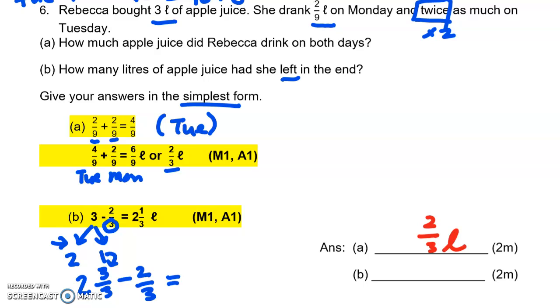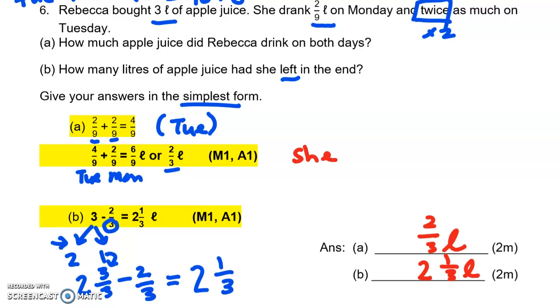Now you focus on the fraction. Once you subtract that away, you get 2 1/3 liters. So that's how I get my answer, 2 1/3 liters. Okay, do write down the final statement still if you have enough space. How much apple juice did Rebecca drink on both days?